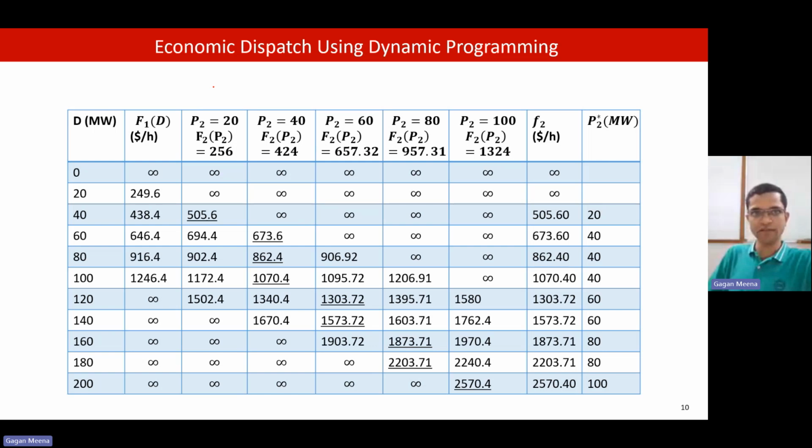What we can do is, the overall cost function F will be F1 plus F2 plus F3. F1 of P1, F2 of P2, and F3 of P3.